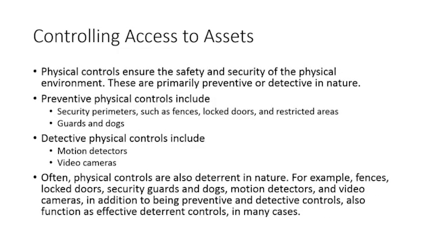Now, physical controls ensure the safety and security of the physical environment, right? The building, the rooms, the office areas, the break rooms, those are very important. They're primarily preventative and detective in nature. So some preventative physical controls: security perimeters like fences, I mentioned that earlier.